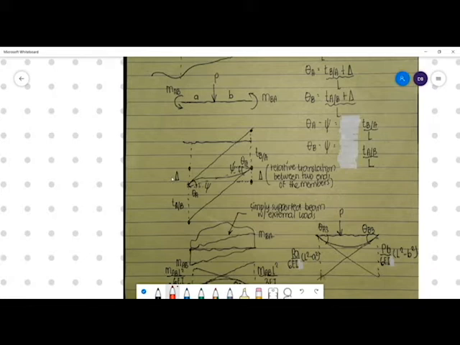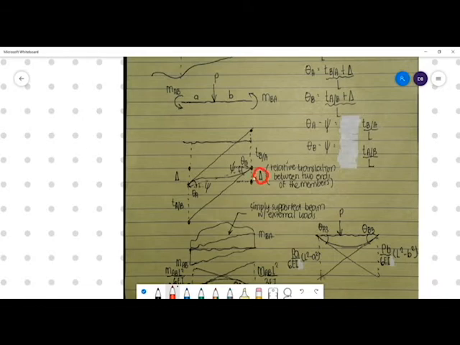So let's say also na meron siyang final position, and then ang relative displacement ng point A sa point B is delta, no? So that is the relative translation between two ends of the member, or let's say two supports.